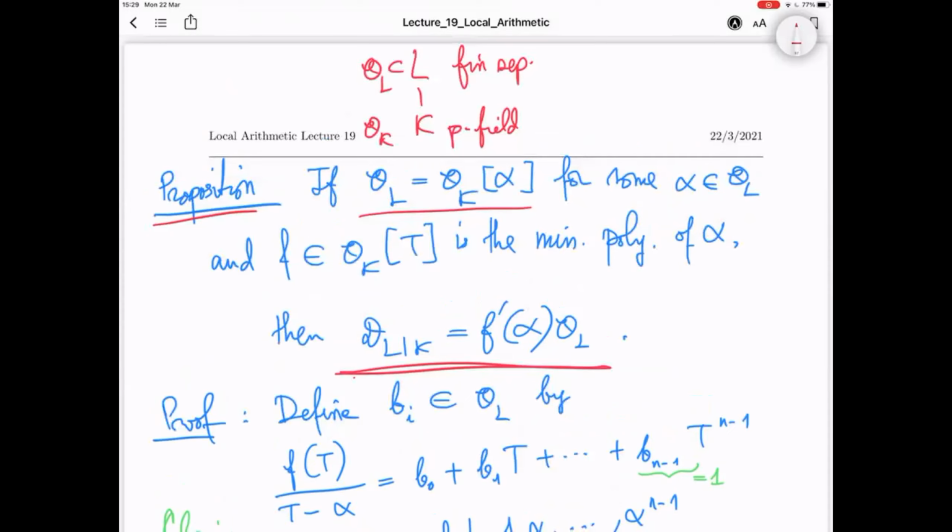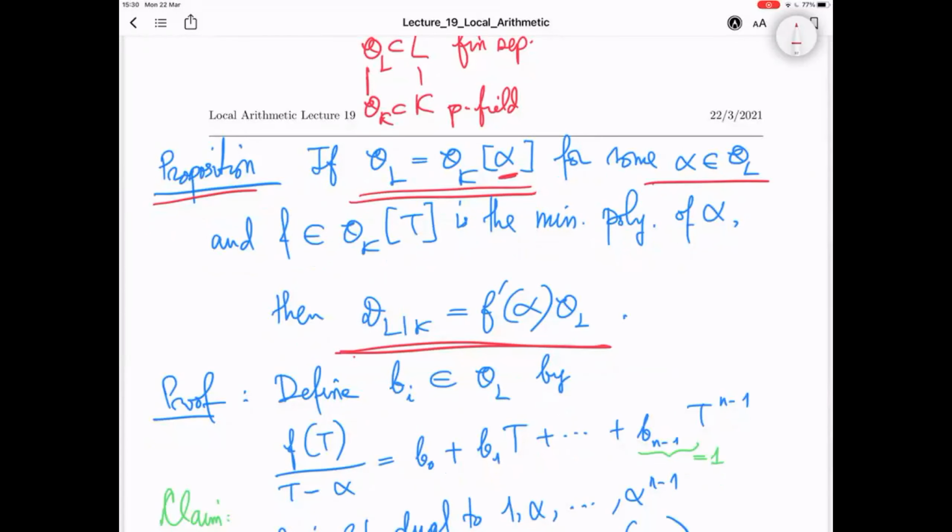O L can be written as O K adjoin one element, alpha, for some element alpha in O L. If I take the minimal polynomial f of this alpha, then f is of course in O K[t], and I can look at f prime and evaluate it at alpha.